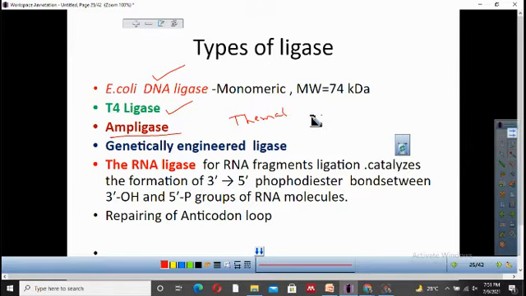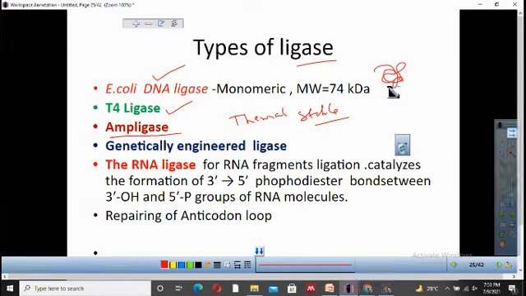It is thermostable because the natural ligase cannot be used for ligations in in vitro conditions, because once it is isolated, it gets denatured. So we have to choose that ligase which can tolerate the temperature. So this is the temperature tolerant ligase enzyme.